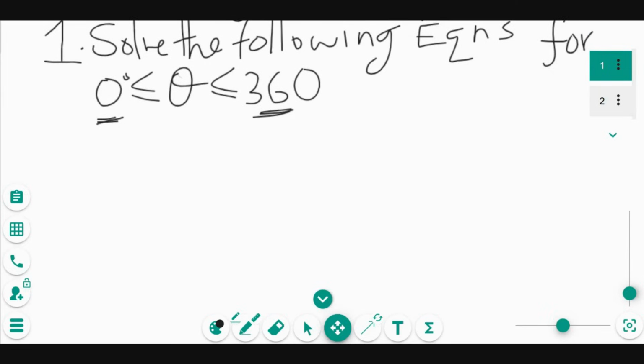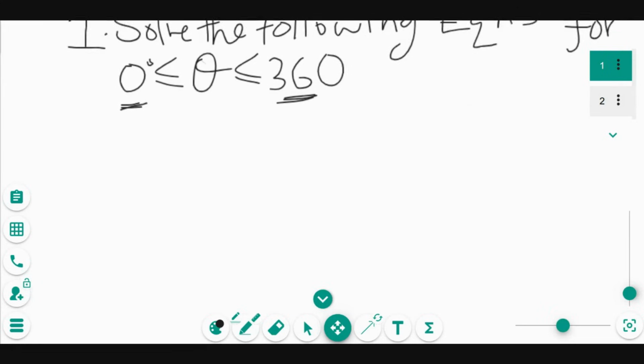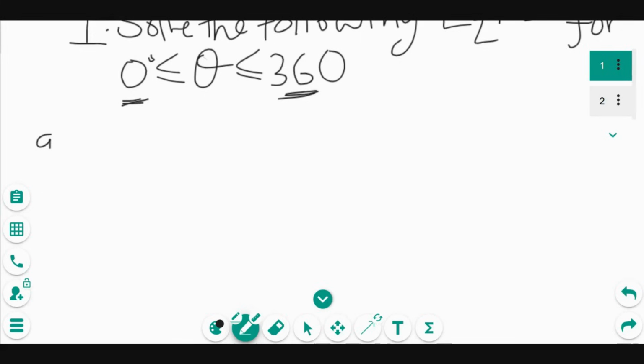Okay. The first equation we are to solve, we have been told that the sine of our angle theta is negative a half. And so we need to find the values of theta. Now to find theta in such an equation, if we have sine, we always introduce what we call the sine inverse.